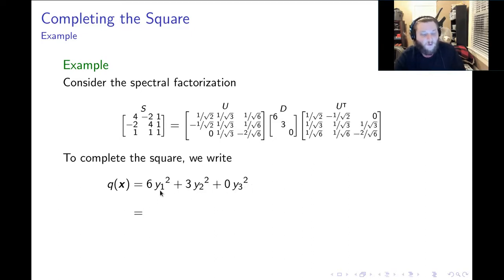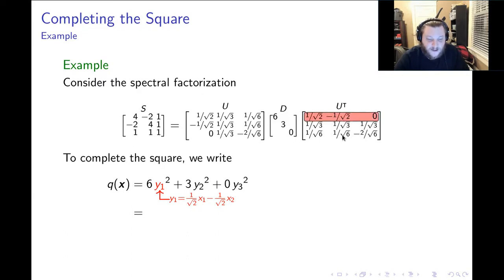Great. Well, what are the y's here? Remember that the vector y is U transpose times x. So what I'm doing is taking inner products of the rows of U transpose with the variables x1, x2, and x3. So y1 here will be 1 over root 2 x1 minus 1 over root 2 x2.